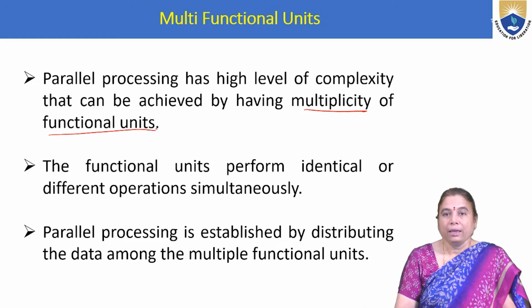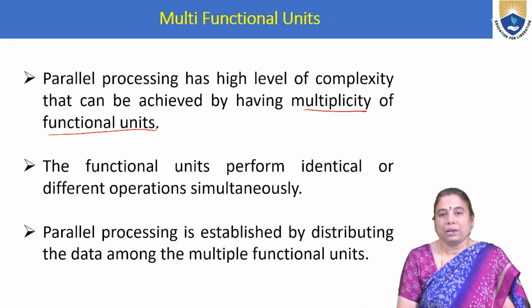Generally, the functional units of a computer are the input unit, the CPU, which can again be subdivided into subunits like the memory unit, the ALU and the control unit, and the output unit. These are the basic functional units of the computer architecture.